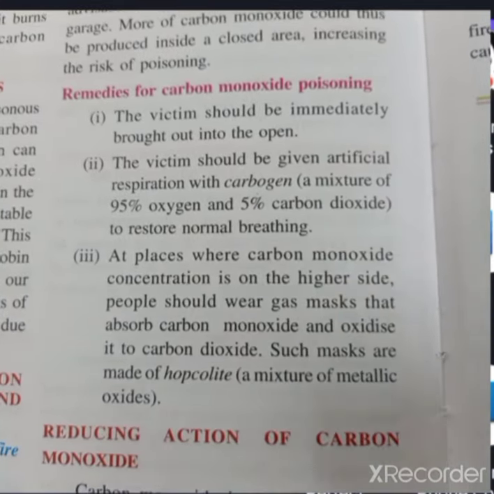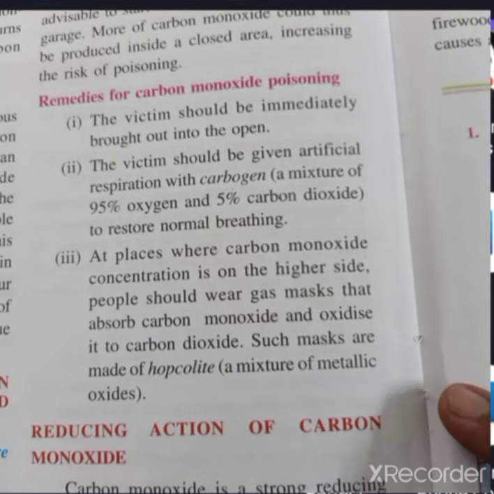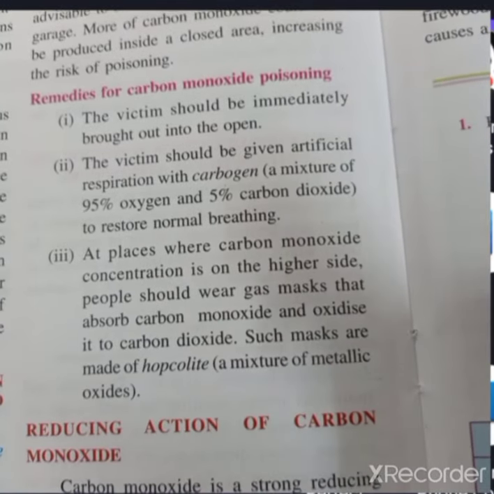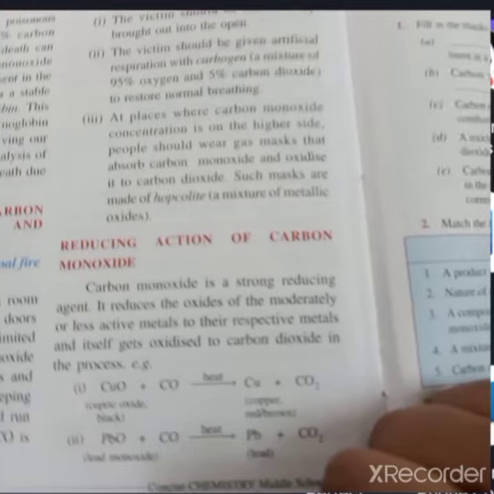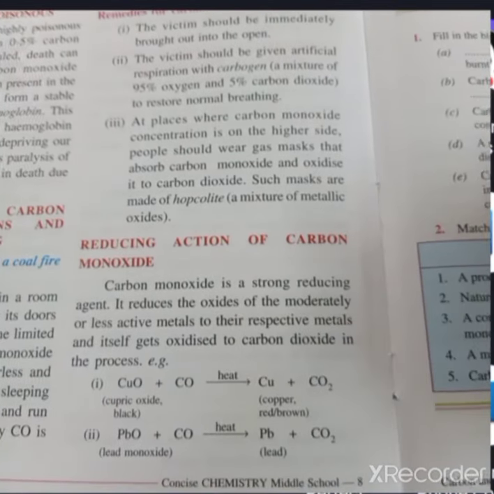Such masks are made up of hopcalite, a mixture of metallic oxides. People in militaries and gas chambers wear this type of mask because it absorbs carbon monoxide and converts it into carbon dioxide.